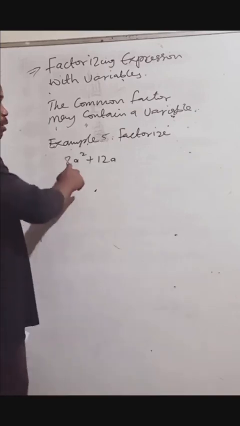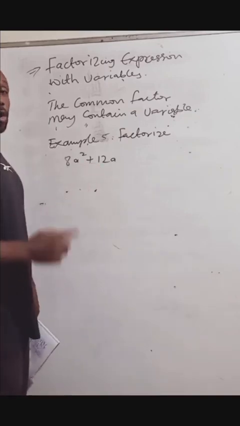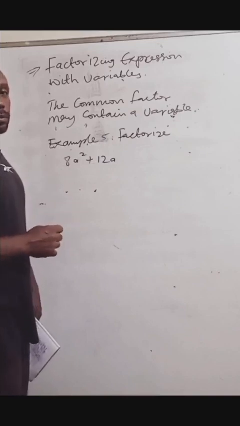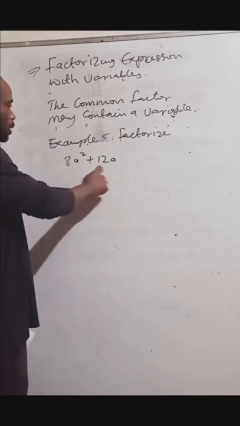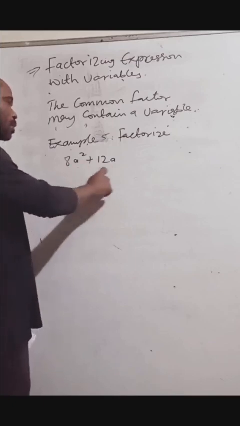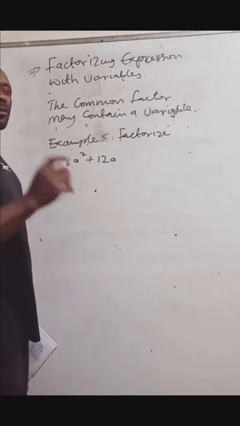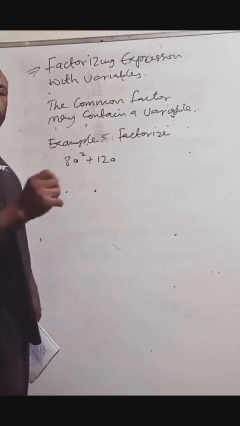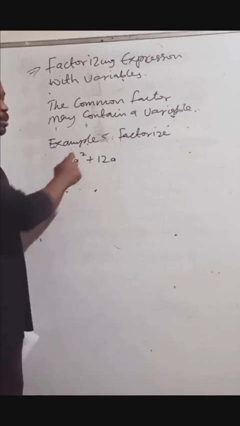This is another algebraic expression. The expression contains variables. So when you see something like this and you're asked to factorize it, it means that the highest common factor that you're going to use must also contain the variable a.